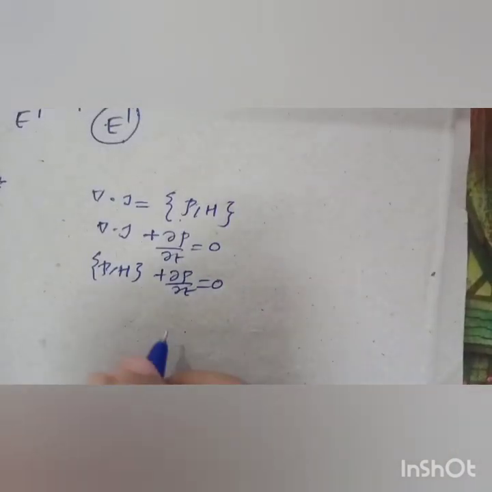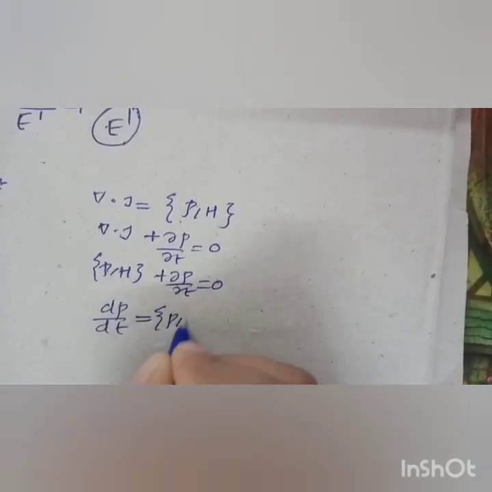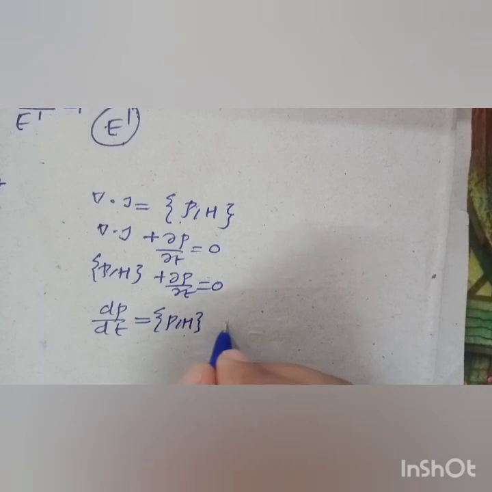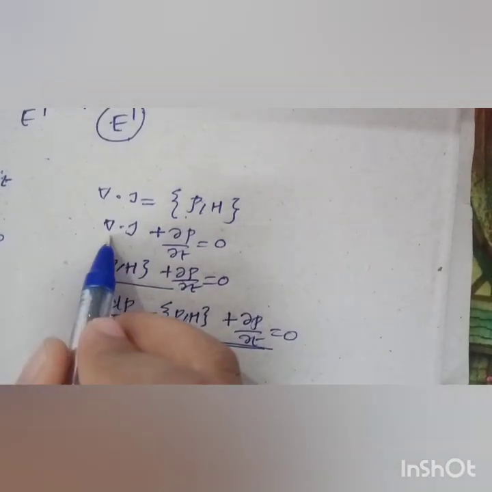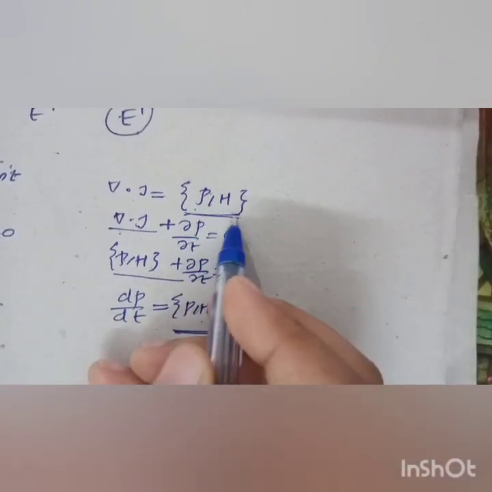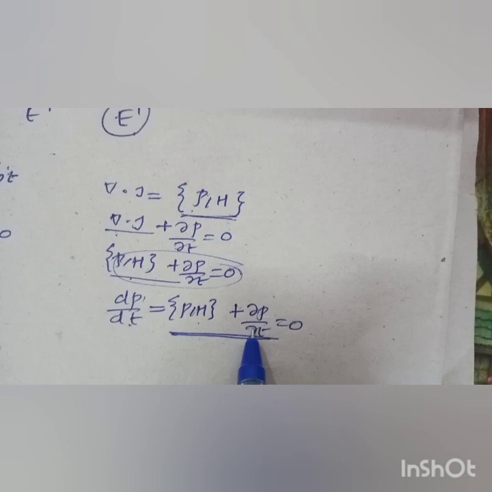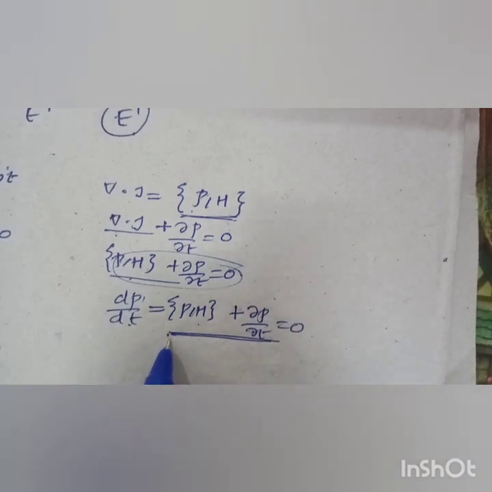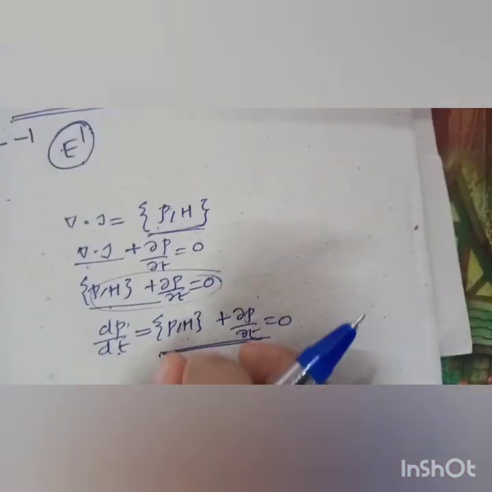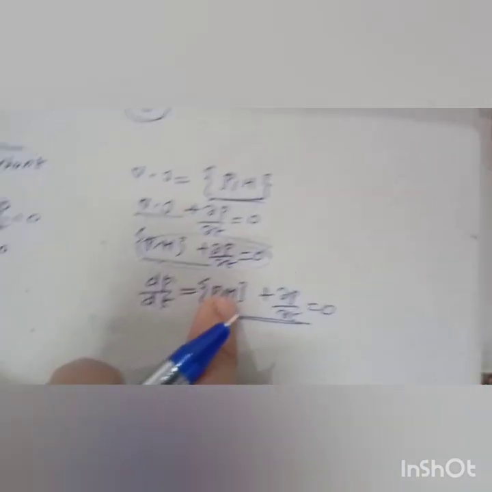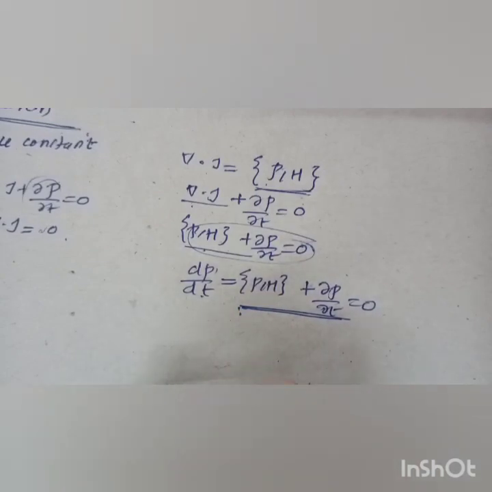We know the equation of motion, that is d rho by dt is equal to the Poisson bracket plus dou rho by dou t equal to 0. From Liouville's theorem, they got d rho by dt equal to 0. This means the volume of phase space is constant.